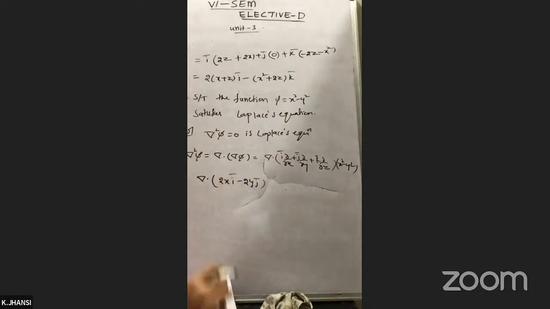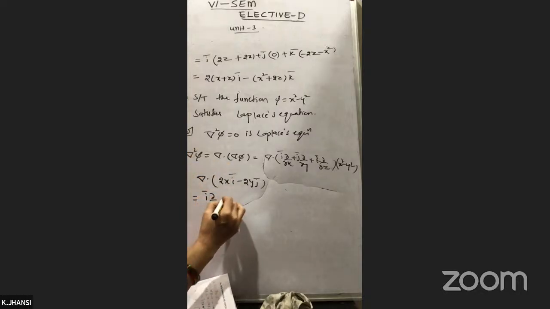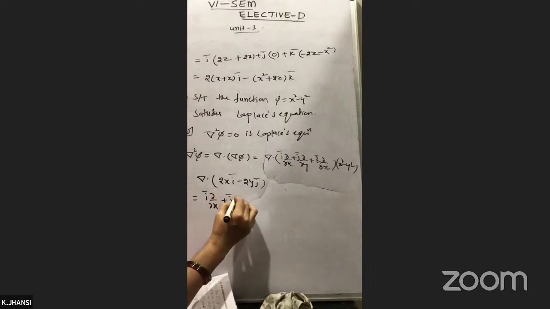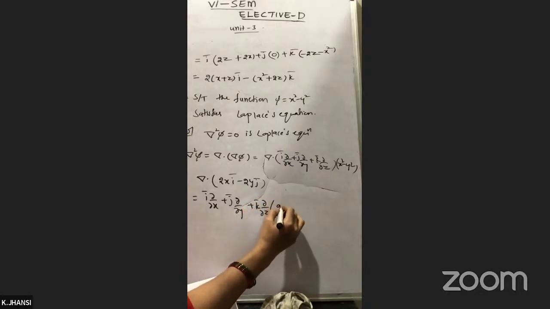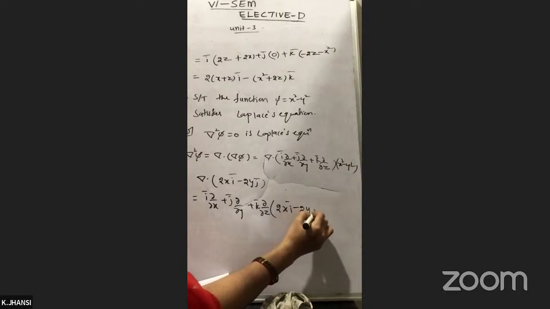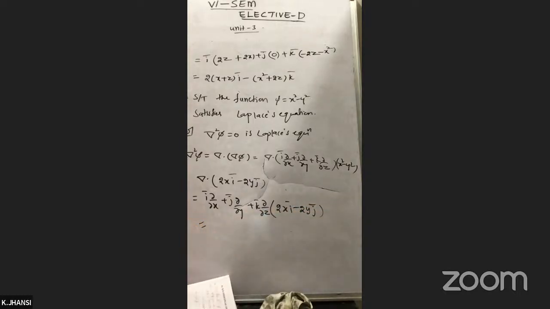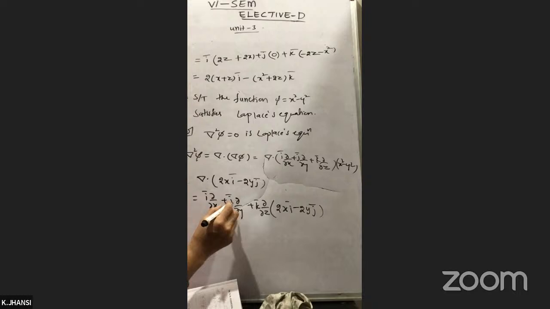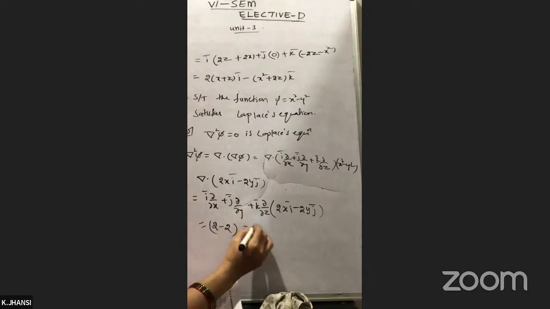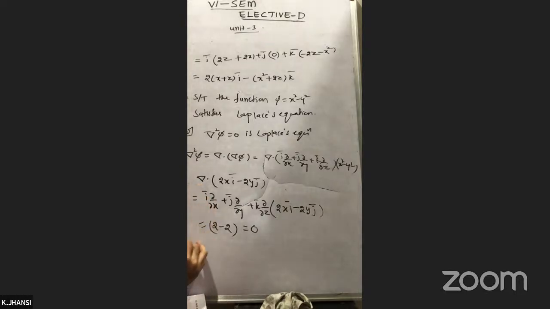Now del dot this means again i dou by dou x plus j dou by dou y plus k dou by dou z dotted with 2x i minus 2y j. So i dou by dou x of this will be 2, and j dou by dou y means it is minus 2. Z is not there, so this value is equal to 0. So it is satisfying the Laplace equation. Therefore, del square phi equals 0.